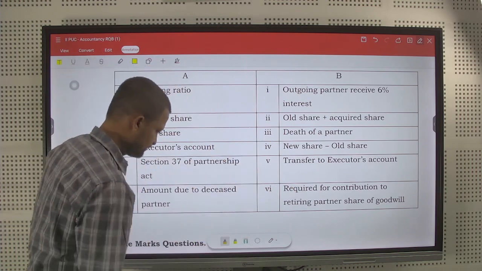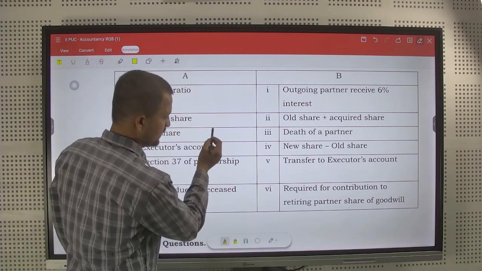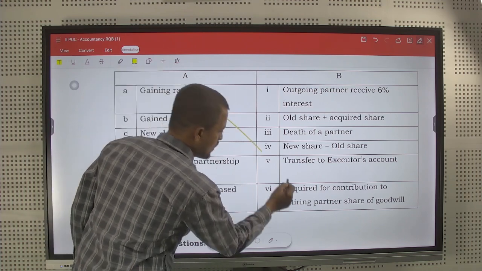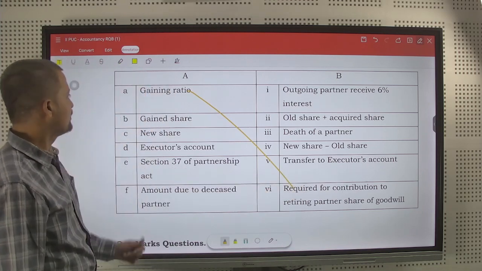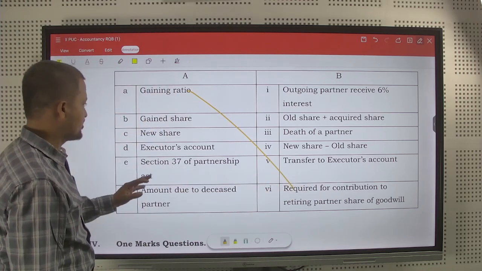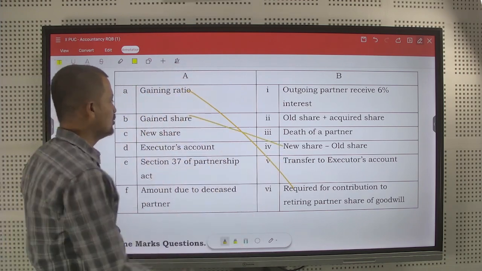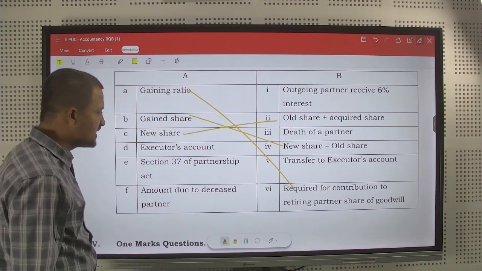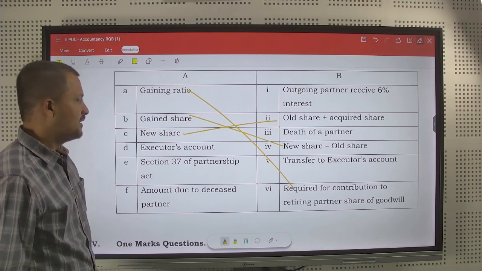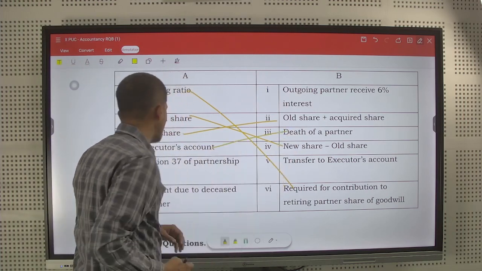First, gain ratio. Gain ratio is required for contribution to the retiring partner's share of goodwill. Then gained share is new share minus old share. Then new share is equal to old share plus acquired share. Then executor's account is prepared at the time of death of a partner.